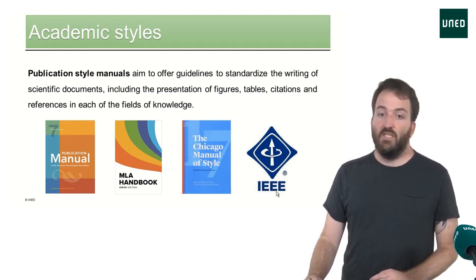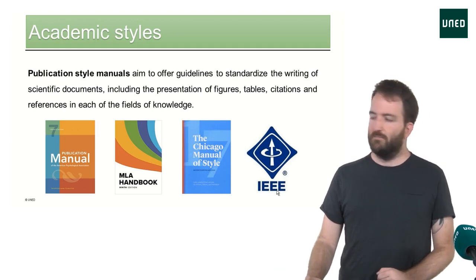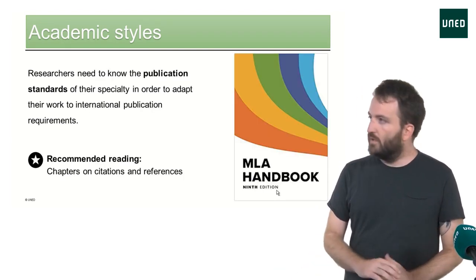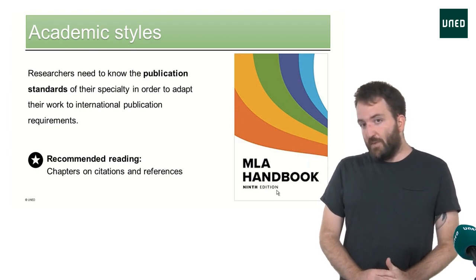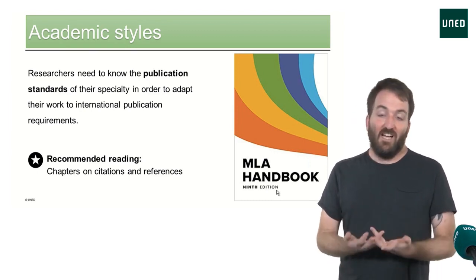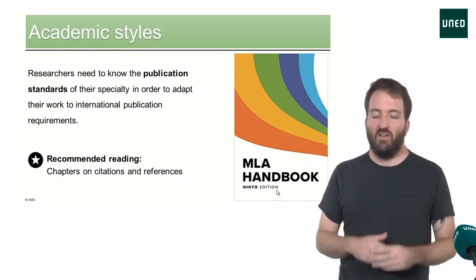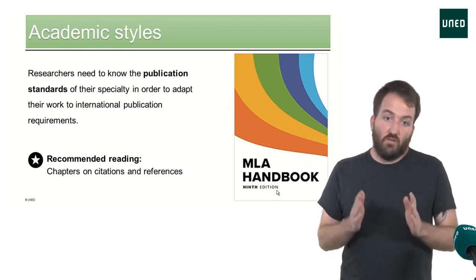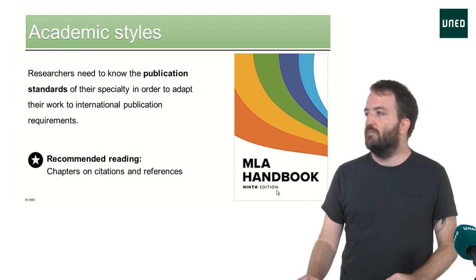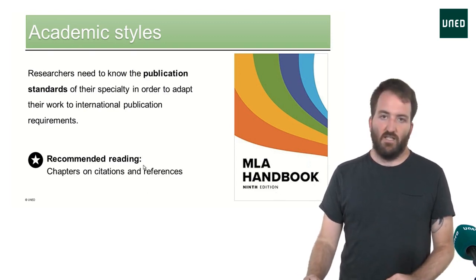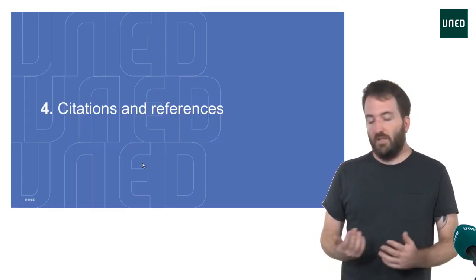And IEEE is more used in engineering. We recommend you ask what the academic style is, the one that is prevalent in your field, and to consult them, especially the part regarding citations and references. This is our last point.